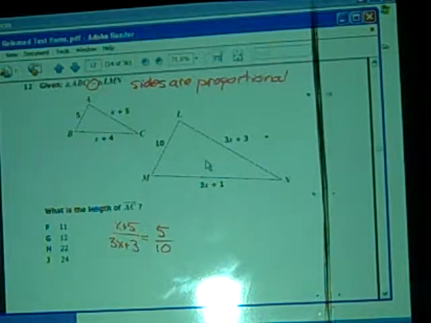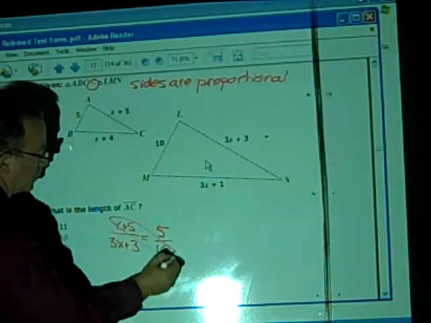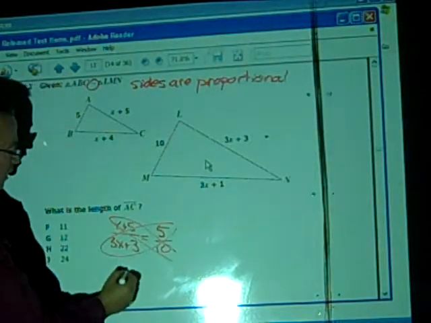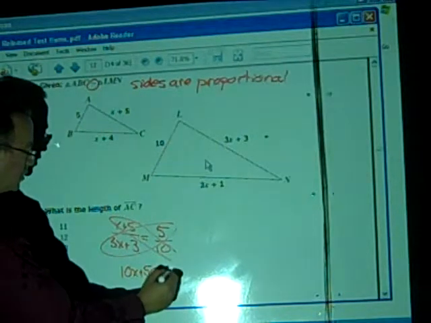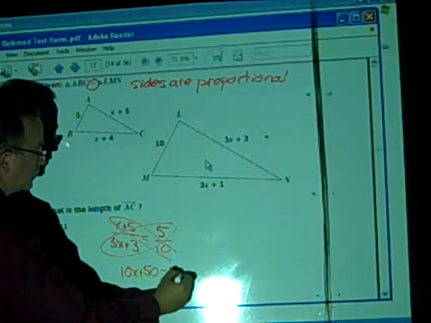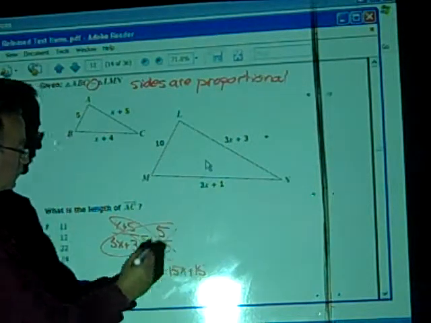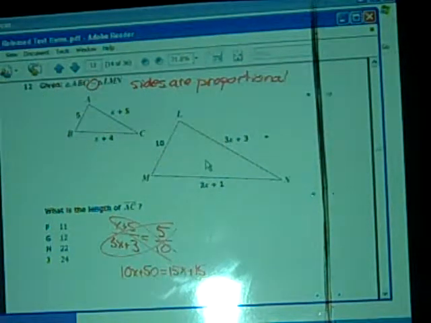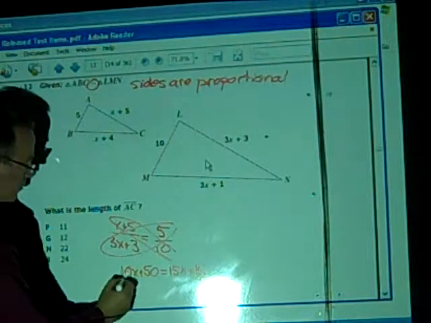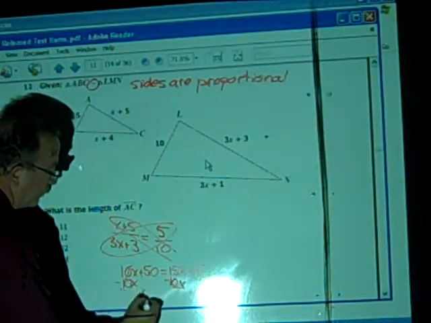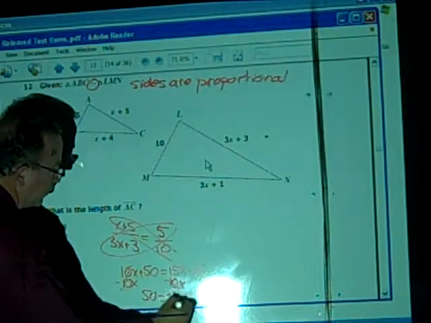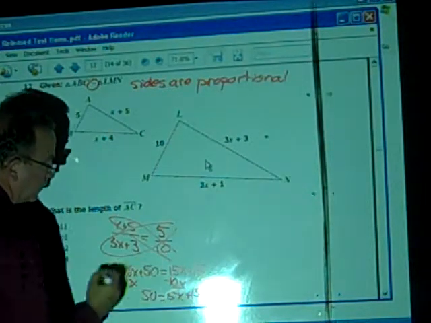Now all we have to do is cross multiply and solve. That gives us 10x plus 50 equals 15x plus 15. Okay, subtract 10x from both sides. 50 equals 5x plus 15.